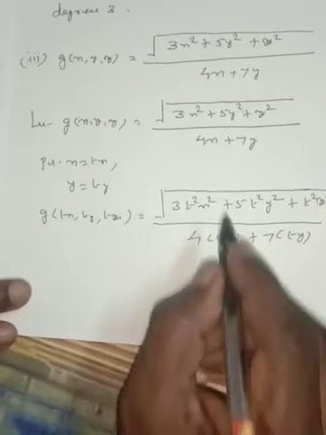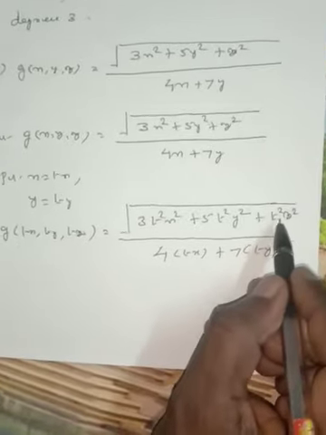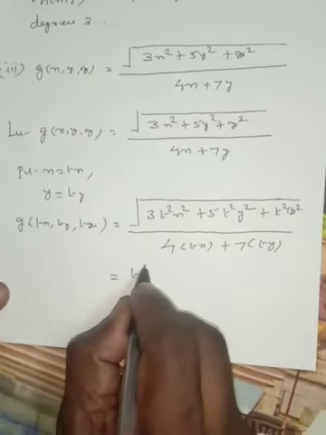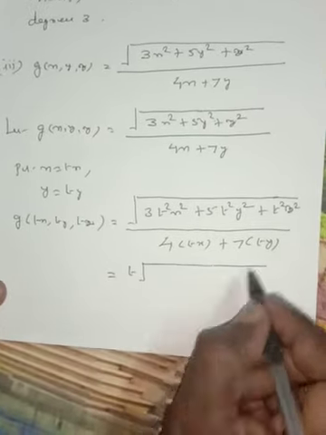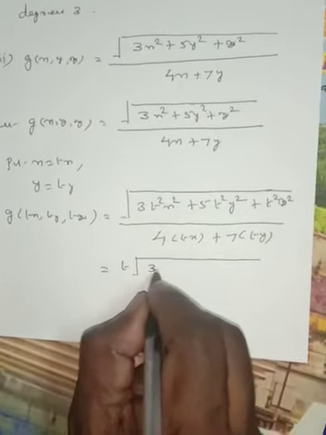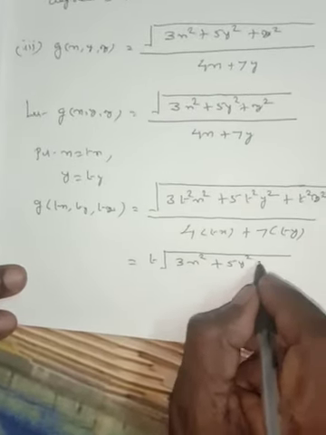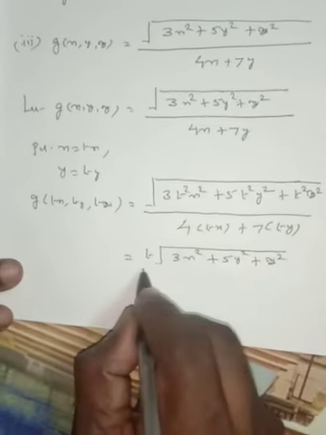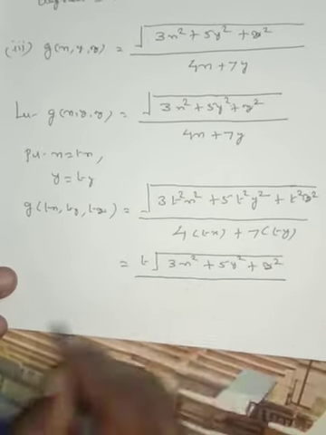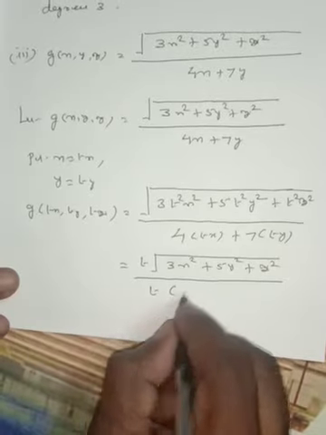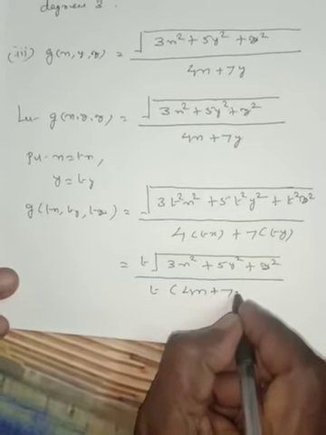Now in the numerator t square is common, taking the square root we get t square root of 3x square plus 5y square plus z square, divided by t common, 4x plus 7y.